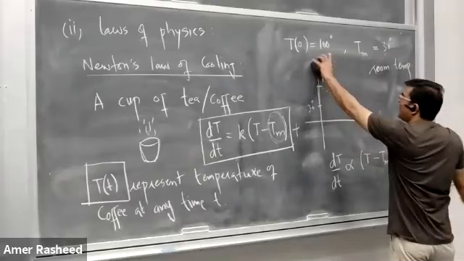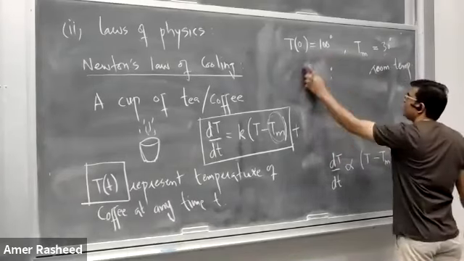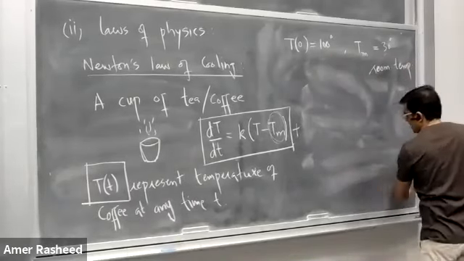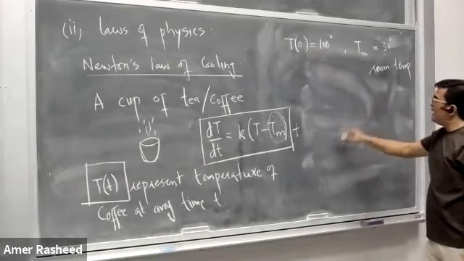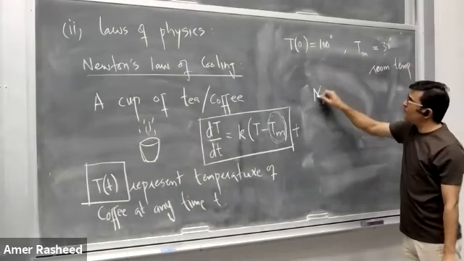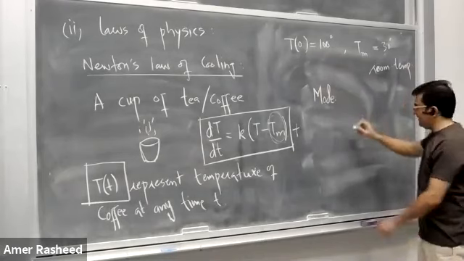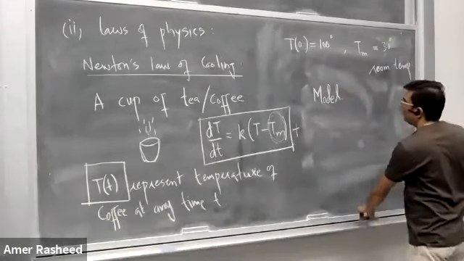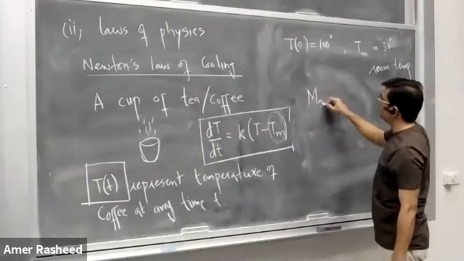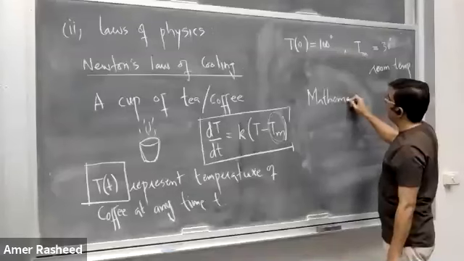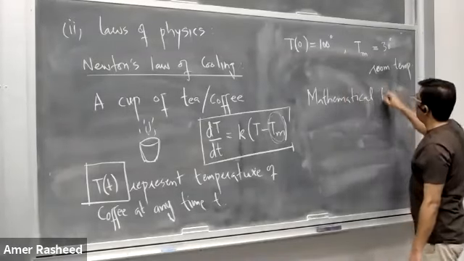Now, completely, if you look at it, this will be a complete model along with this initial condition as well. The complete model is called a mathematical model. What is a mathematical model?